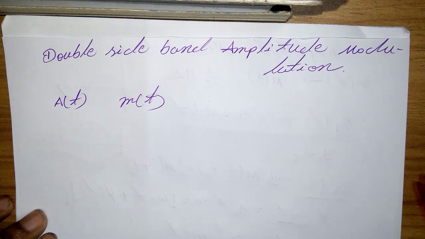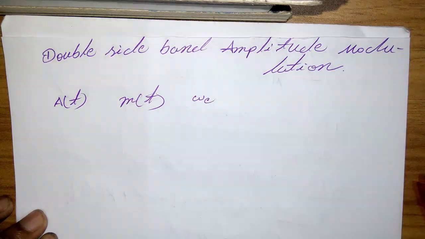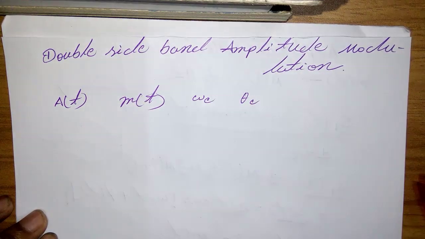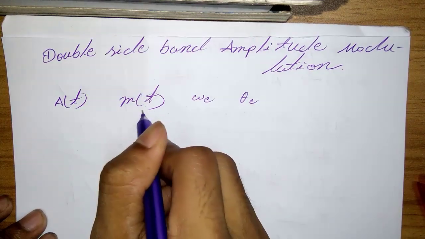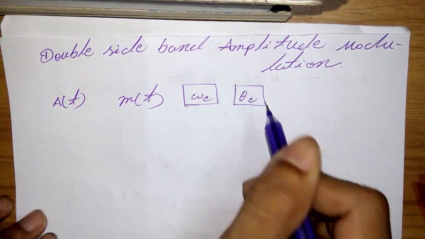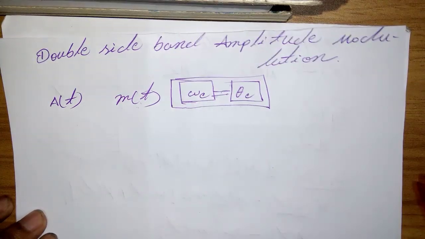At the same time, the carrier frequency, which is indicated by omega c, and the phase theta c remain constant. So the carrier frequency and phase are always constant, these two, mind it.